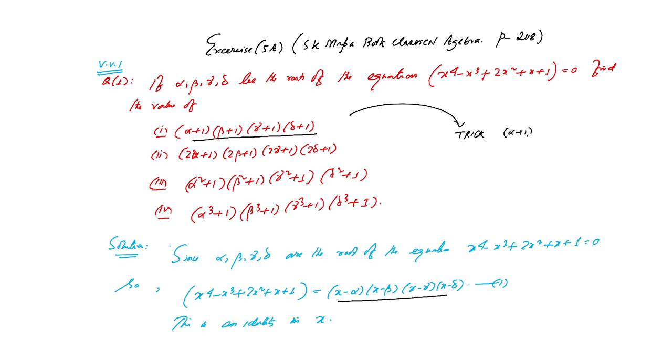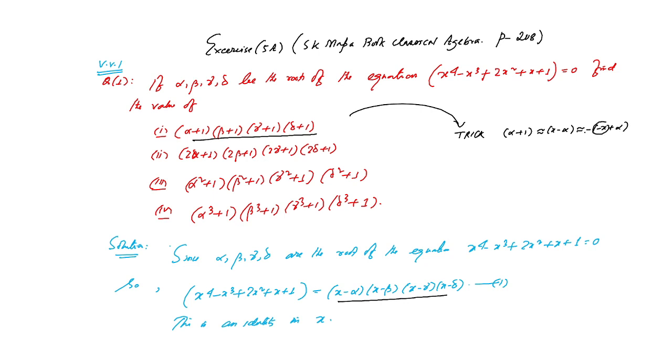So alpha plus 1, that you think about x minus alpha. So what is your x? Here your x will be, if you think about it like this, minus of x minus x plus alpha.